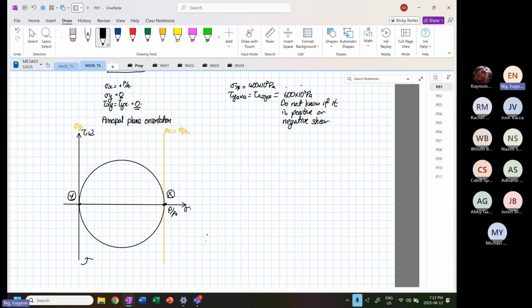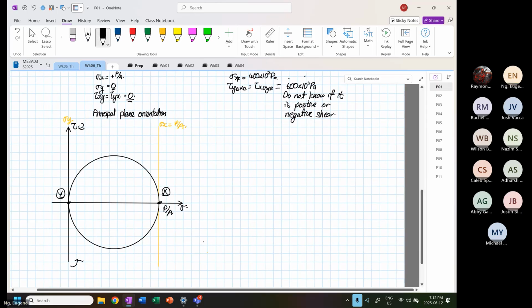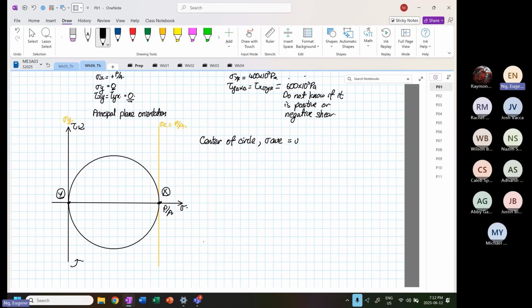And immediately after sketching this circle, we can also identify our stress average, or center of circle, which is equal to stress X plus stress Y, divided by 2.